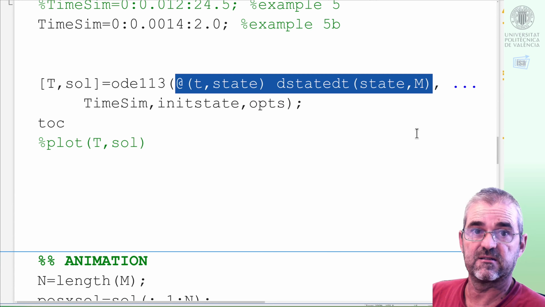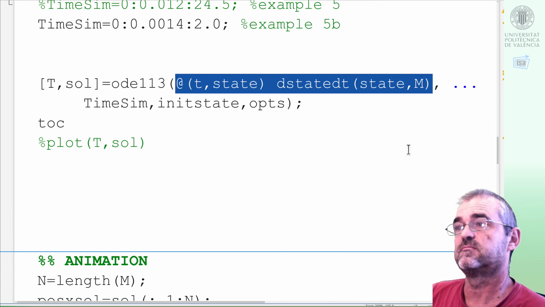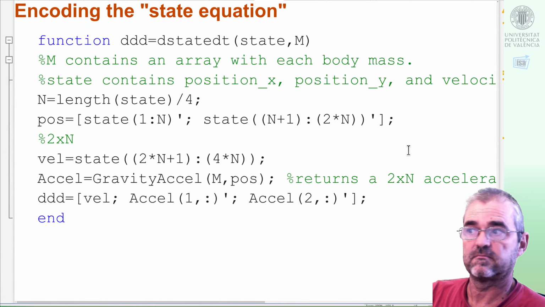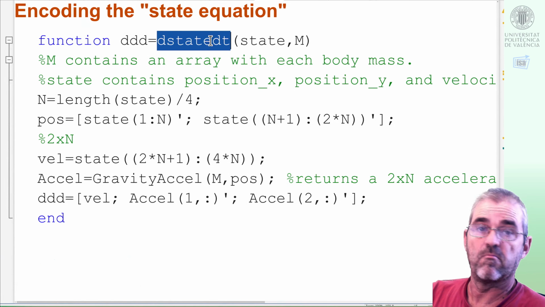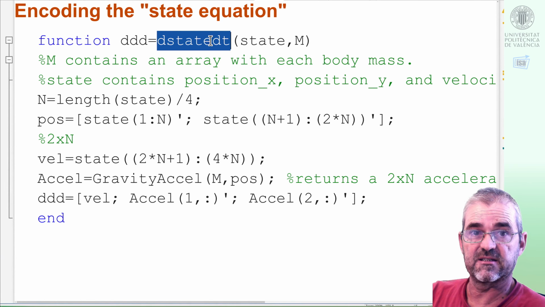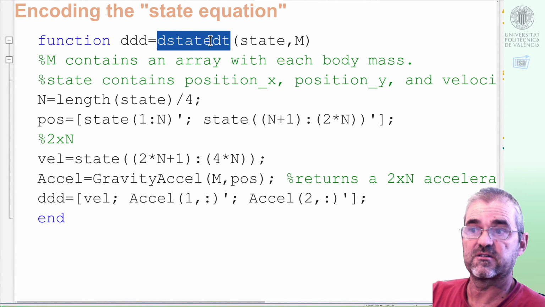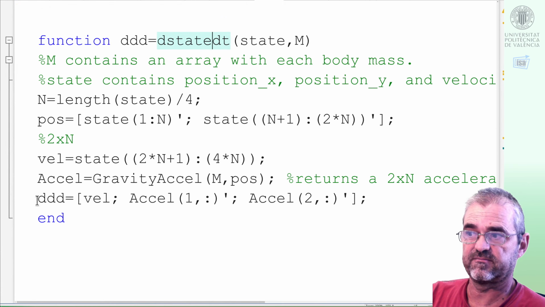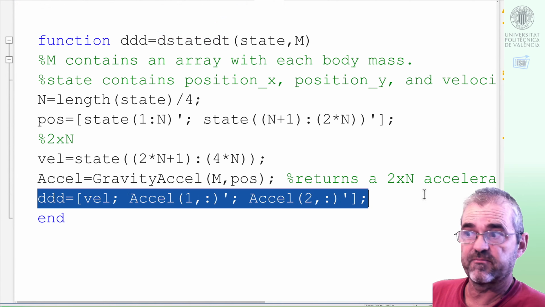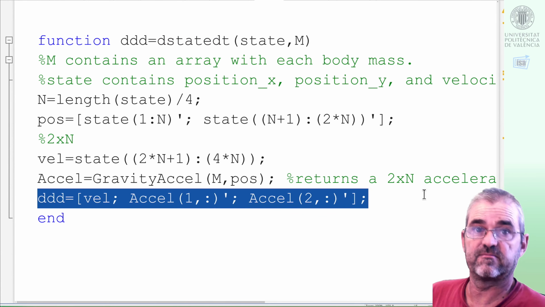So let us delve into the details. This is the core of our simulation. But as this is a mechanical system, states are positions and velocities. So basically, if I start by looking at the last line, the derivatives of the position will be velocities, and the derivatives of velocities will be accelerations.